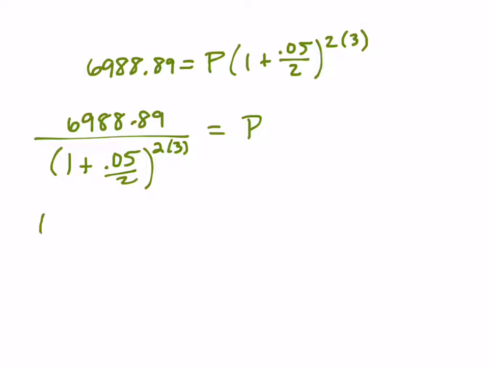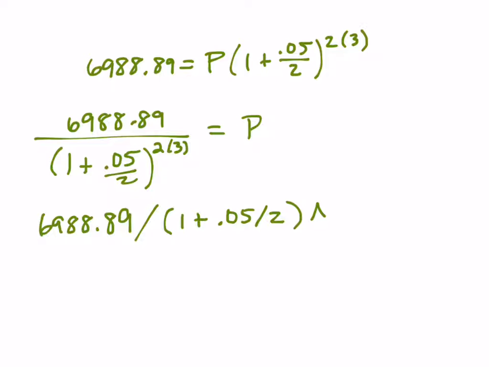To enter this in, you don't need parentheses around the numerator because it's a single term, just one number. But you do need parentheses around the denominator, because we have this portion in parentheses raised to an exponent, and then you need parentheses around the exponent, 2 times 3.